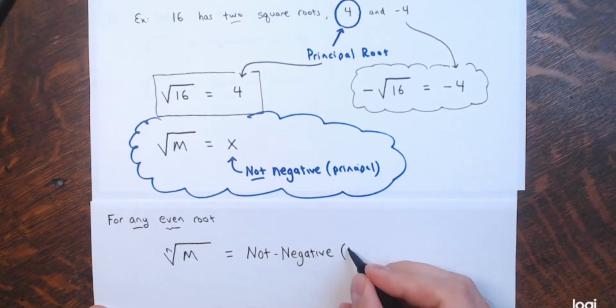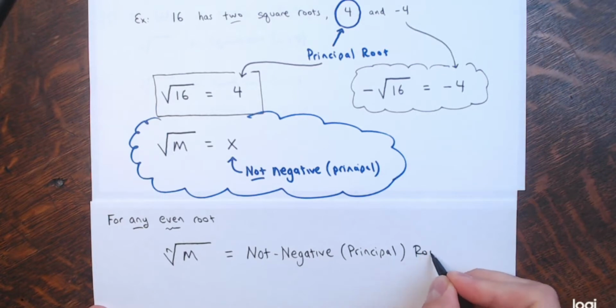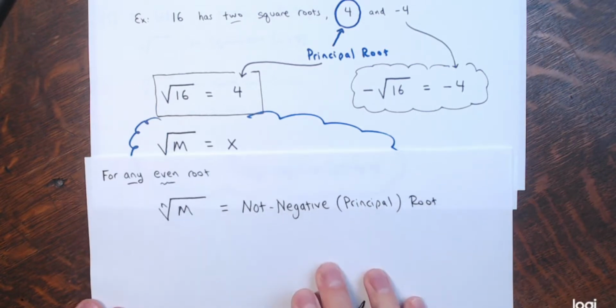It is what is called the principal root of m.